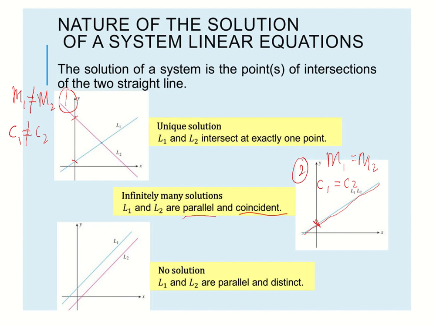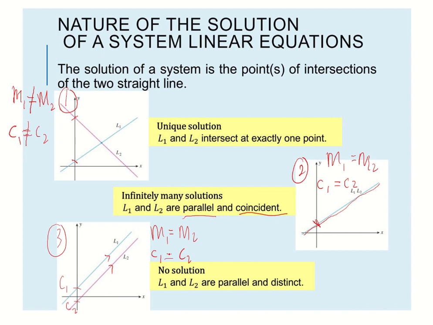Okay, and the third situation, let's consider the slopes, m1 and m2. Since the lines are parallel, what happened to the slope? The slope should be equal. Let's consider the y-intercept. This is the y-intercept for line 1, and this is the y-intercept for line 2, c1 and c2. From the graph, do you think c1 and c2 are the same point?